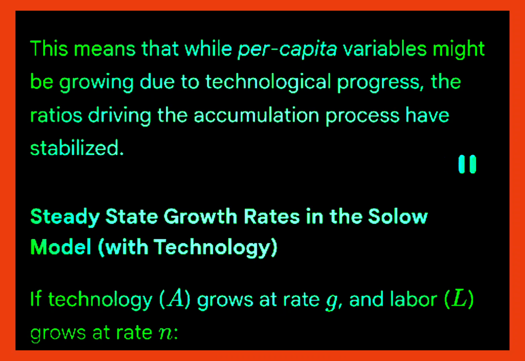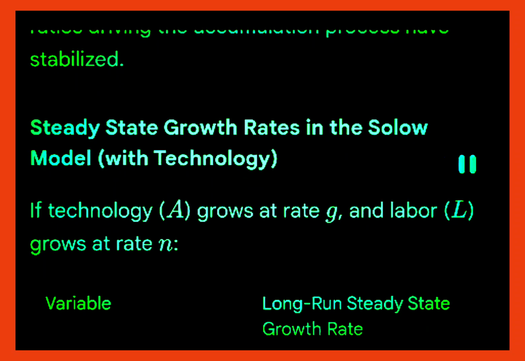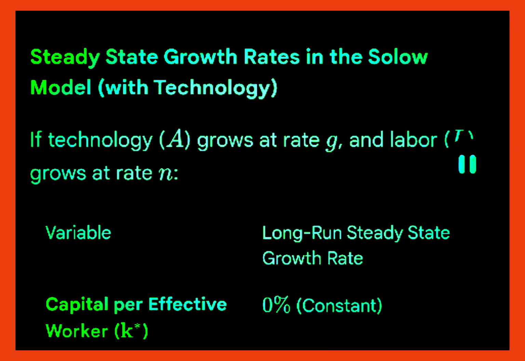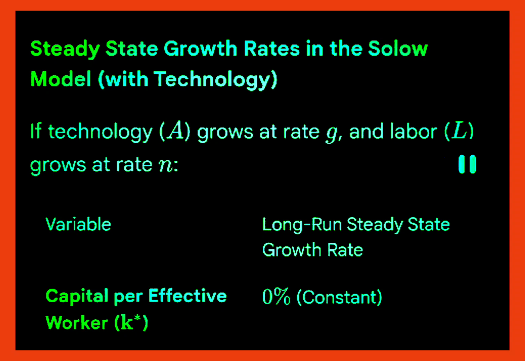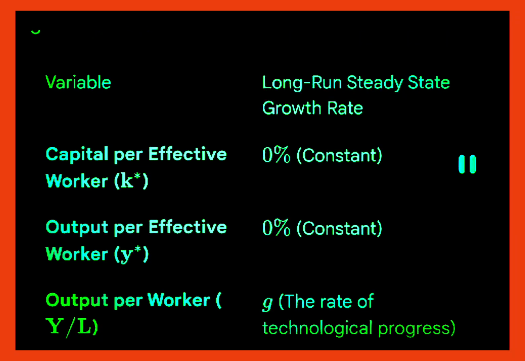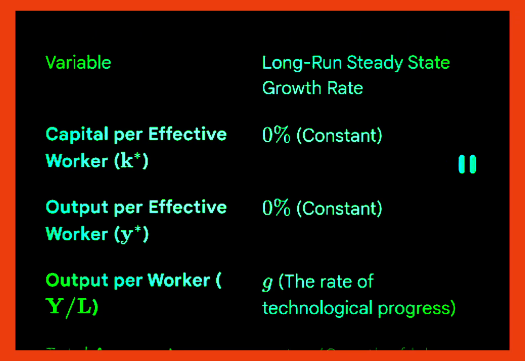have stabilized. Steady-state growth rates in the Solow model with technology: if technology, A, grows at rate g, and labor, L, grows at rate n. Variable, long-run steady-state growth rate. Capital per effective worker, k*: 0%, constant.